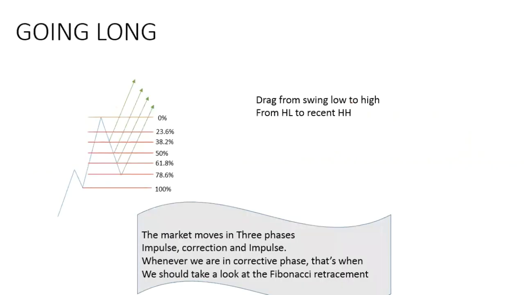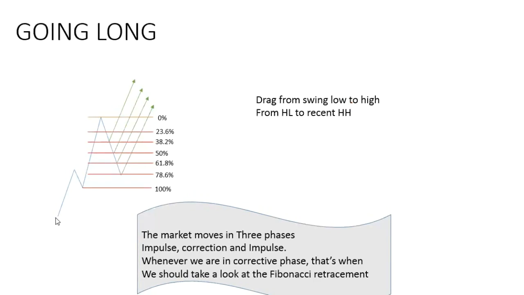Going long. You do know that to spot an uptrend, you need higher highs and higher lows. So now price came from somewhere around here. It moved up, it created a high, came back down, retraced somewhere around here, and created a higher low. It shot up and it created a high. So basically, we could have taken our Fibonacci and put it down here at the low, because you can see it says draw from swing low to swing high, from the higher low to the higher high.